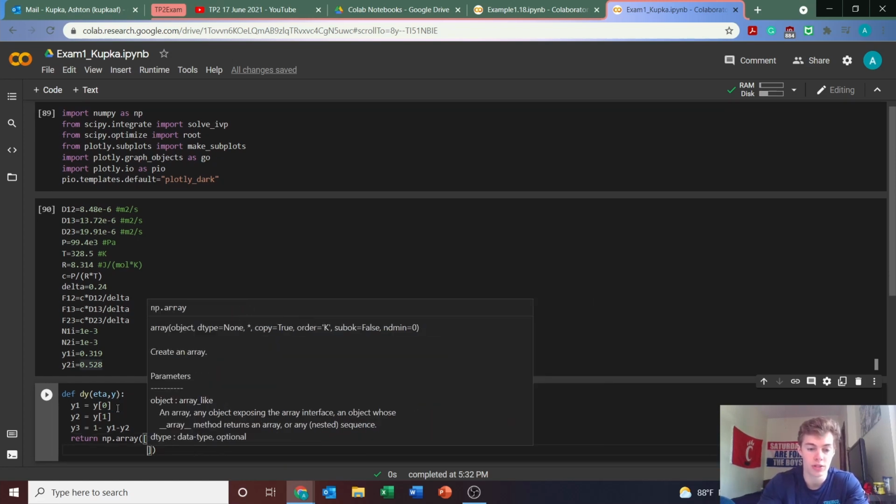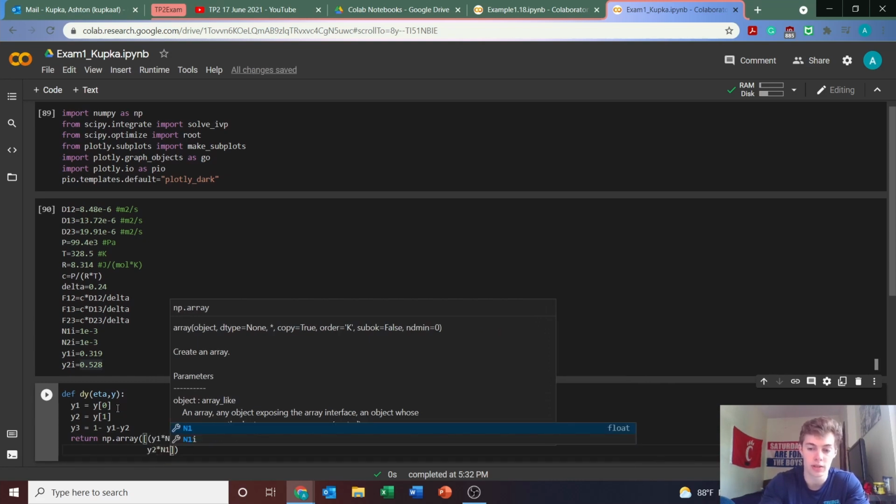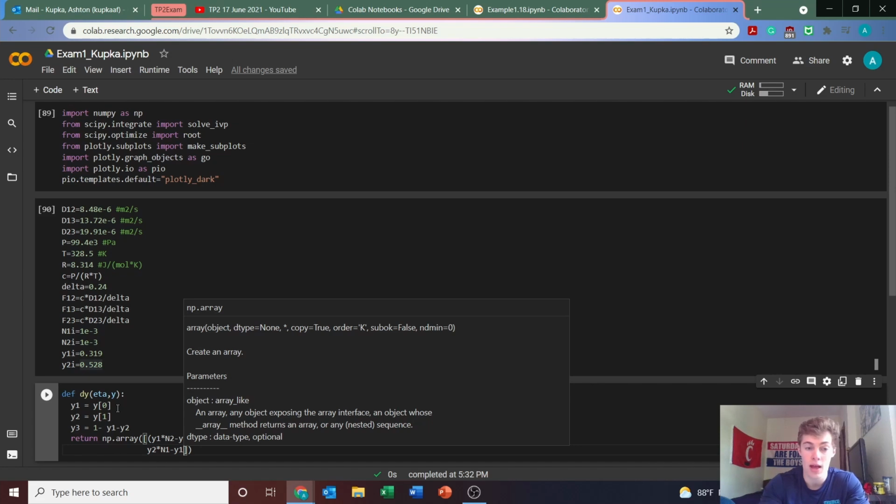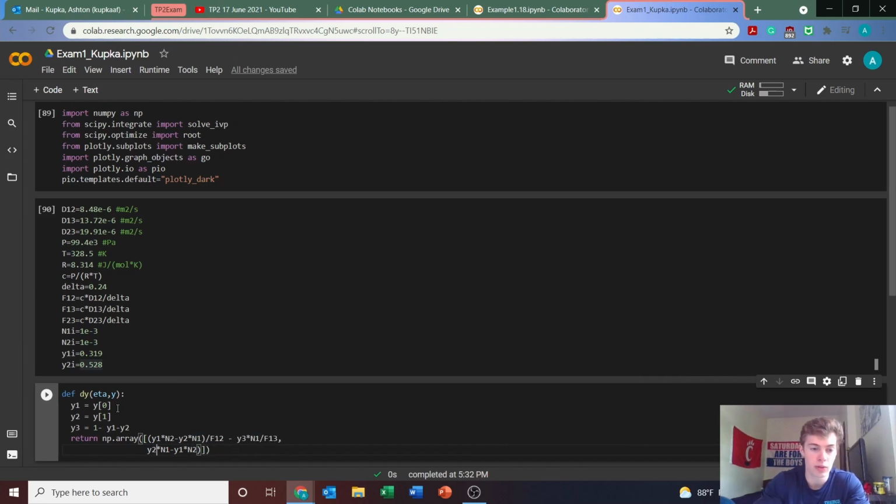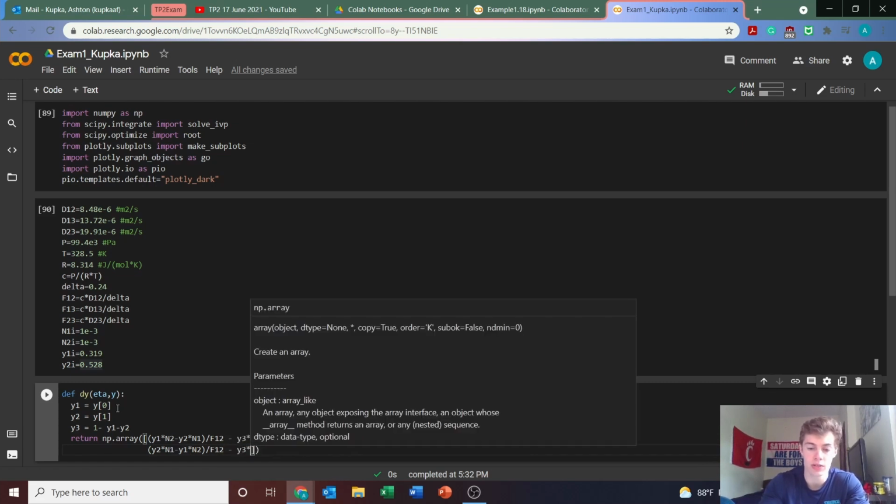And for our second equation, we have that our mole fraction of methanol times our mole flux of acetone minus our mole fraction of acetone times our mole flux of methanol. I'm going to throw those in parentheses really quickly. We're going to divide that by F12, and then we're going to subtract the mole fraction of air times the mole flux of methanol over F23.